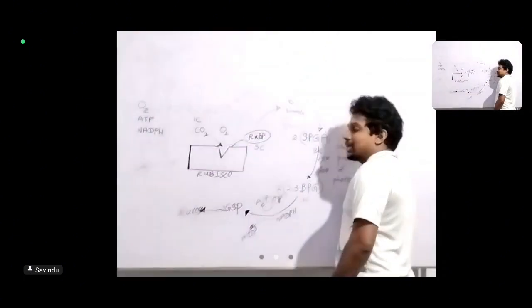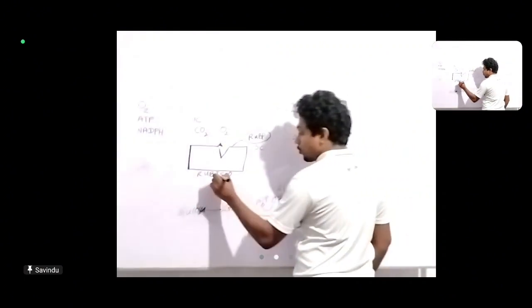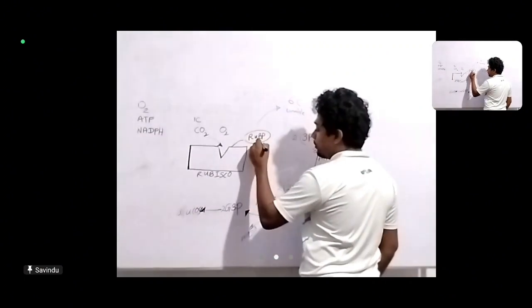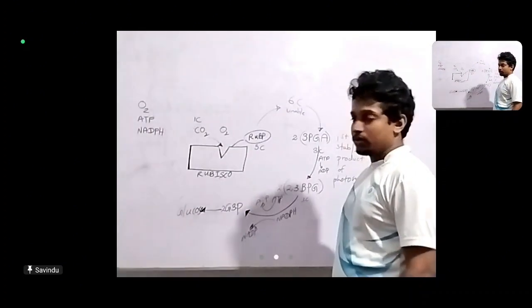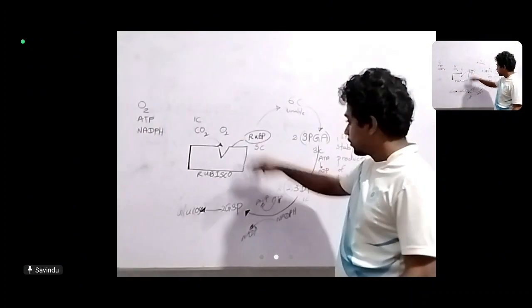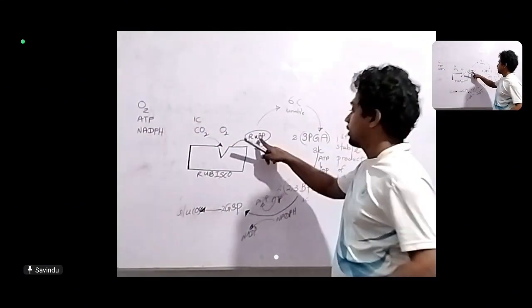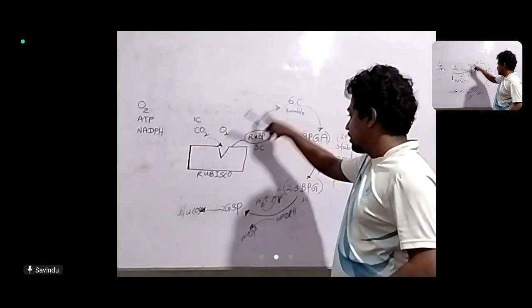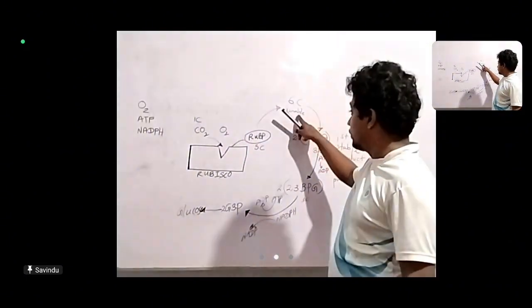This is not a cycle yet. What needs to be done? The RuBP must be regenerated. RuBP is the catcher of carbon dioxide, but now the RuBP has been used up and has gone into these molecules.